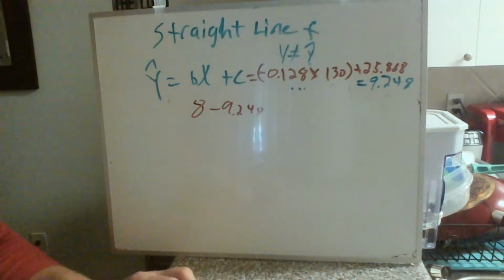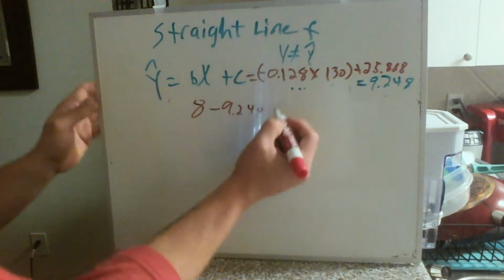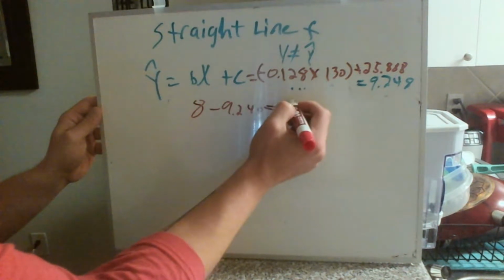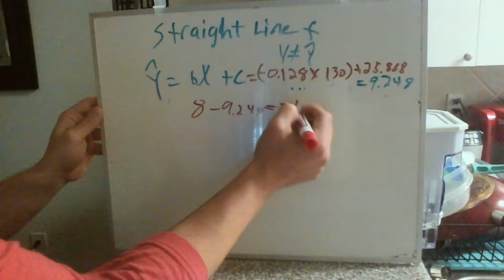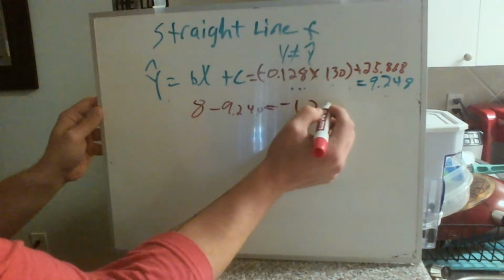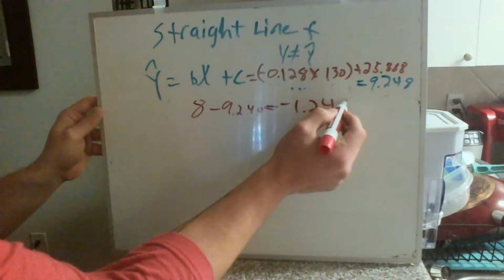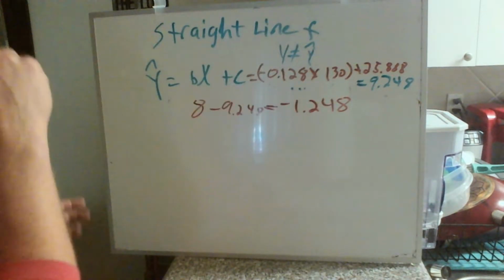Minus 9.248. Hit the wrong button. And we got your negative 1.248, and that's your error.